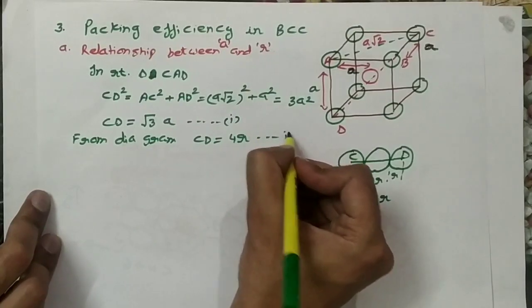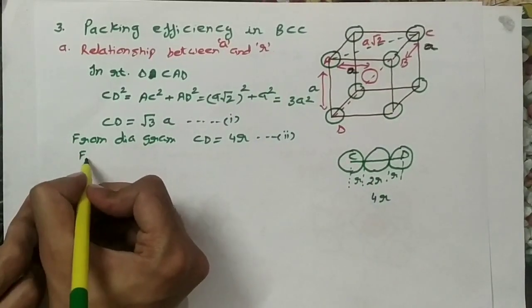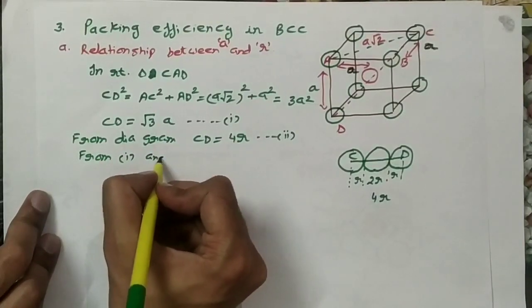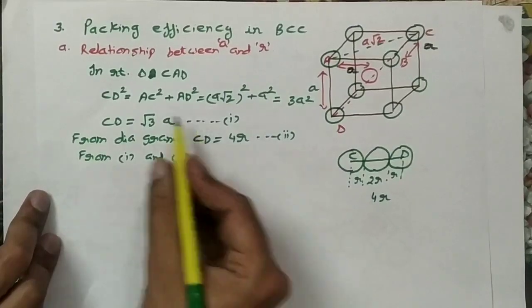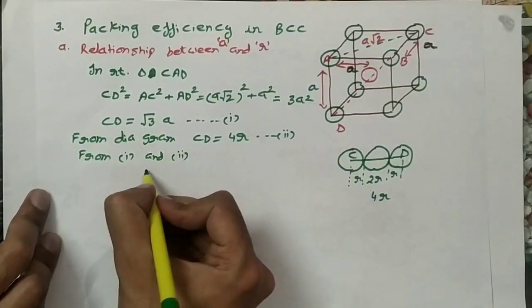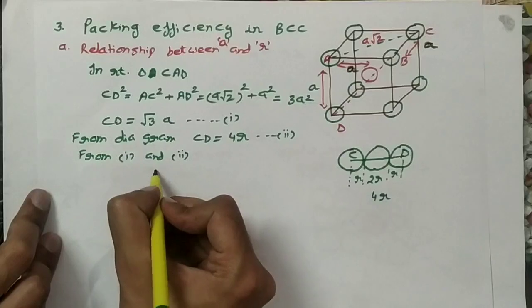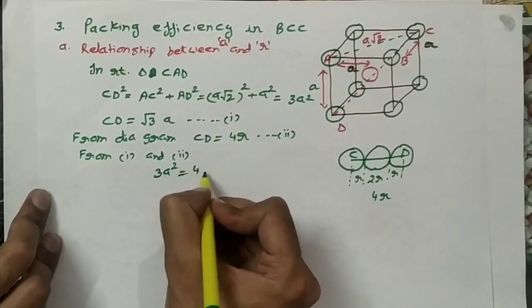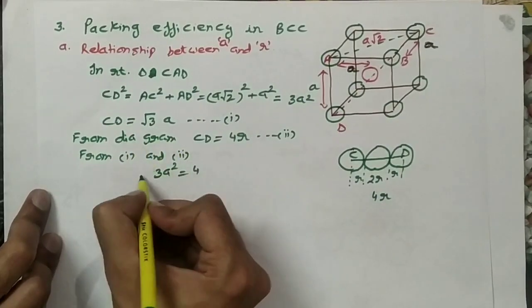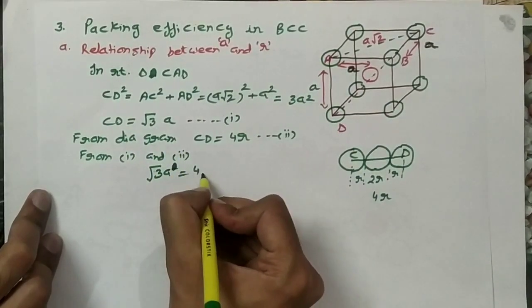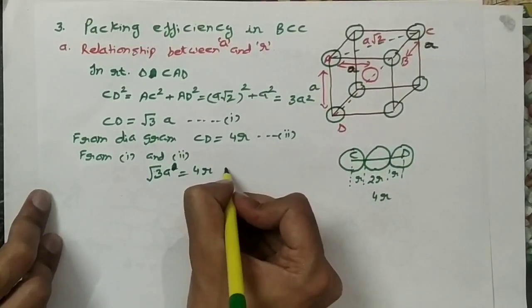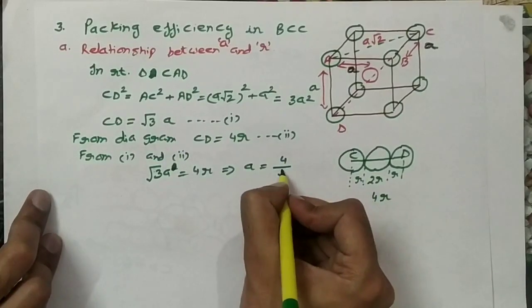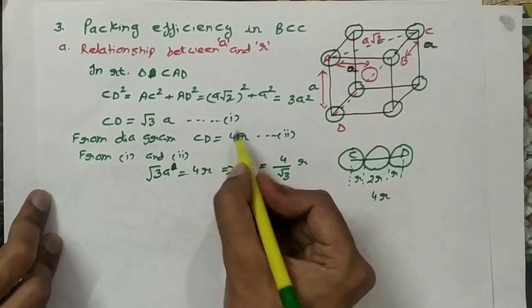Make this equation 2. From 1 and 2, comparison: root 3 a is equal to 4r, which means a is equal to 4 upon root 3 r.